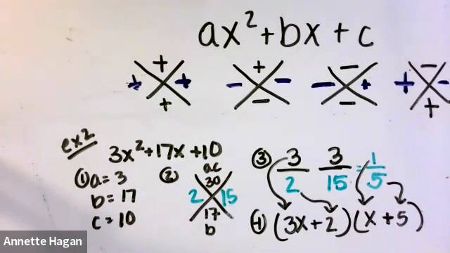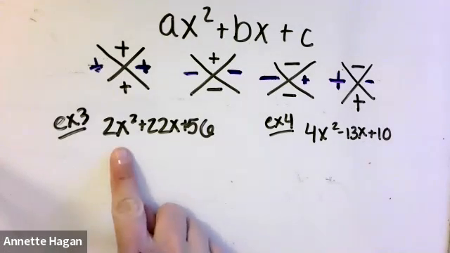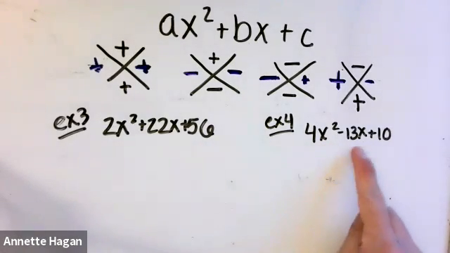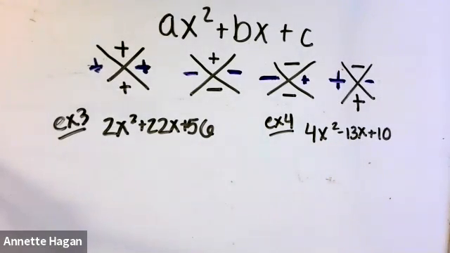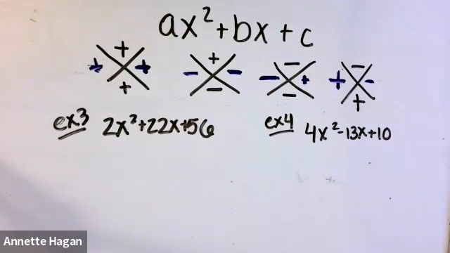Okay, so what I want us to do is I'm going to put 2 problems up here. I want everyone to try these 2 problems. Pause the video, try them by yourself, and then we'll check them together. So these are our 2 examples: 2x squared plus 22x plus 56, and 4x squared minus 13x plus 10. I will give you a hint, and this is true for every problem we do.